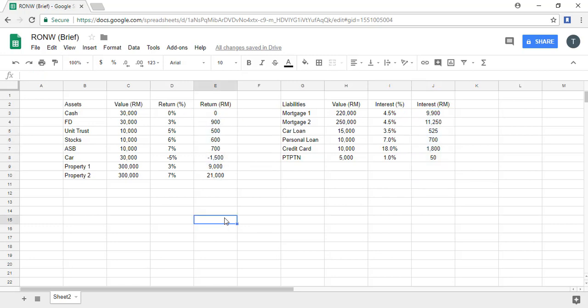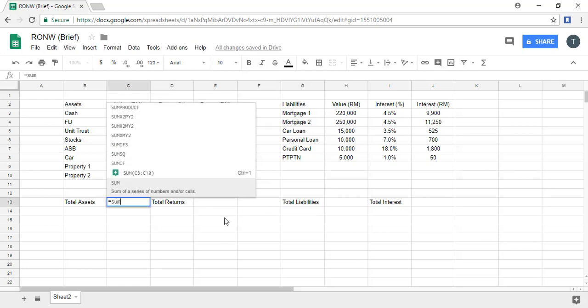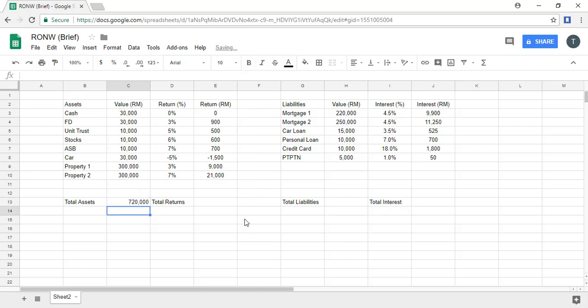I believe this is an overly simplified version, and right now what we need to do is this. We need to calculate both your total assets as well as total liabilities, as well as the total returns, and of course the total interest payable from your liabilities. To do that, we just need to use this.